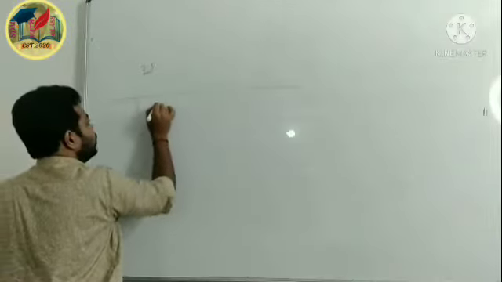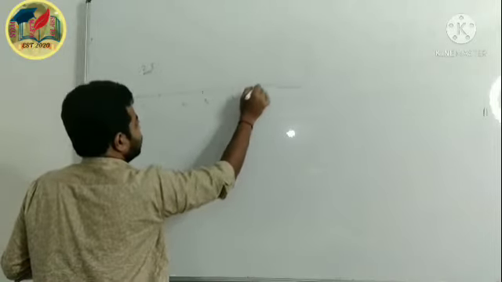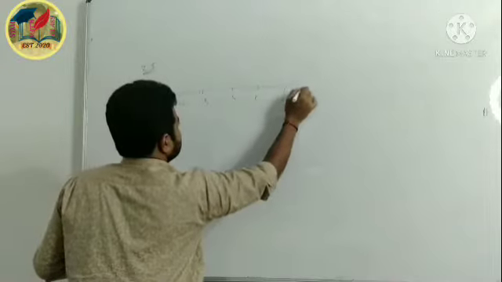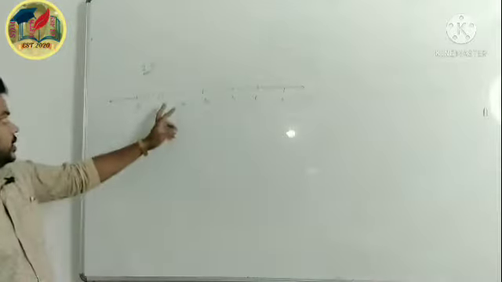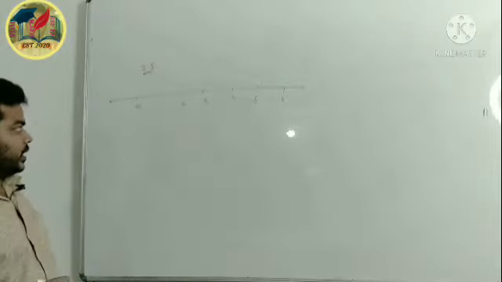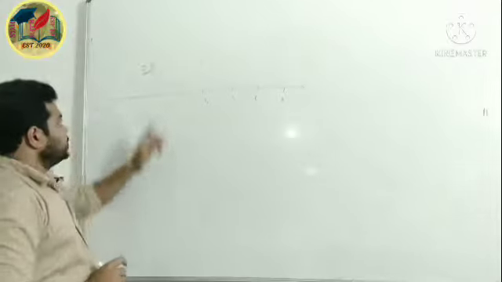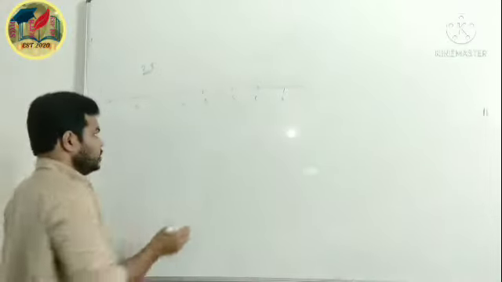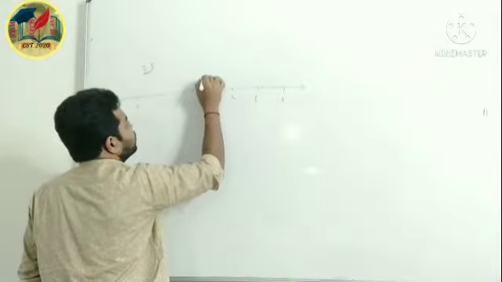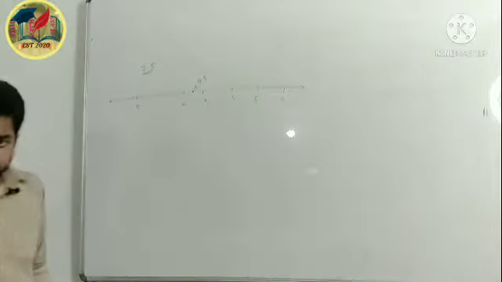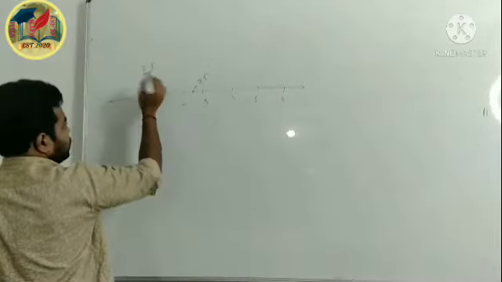This is 0, 1, 2, 3, 4, 5, 6, etc., and this side is minus. So 2.5 lies between 2 and 3, and this is the middle point of 2 and 3. This point is 2.5.